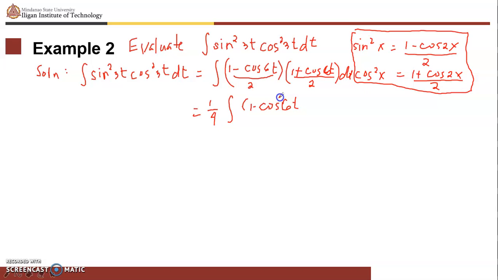So that should be 1 minus cosine squared of 6t dt. You can recall that 1 minus u times 1 plus u is equal to 1 minus u squared. So that's what happens here. Our u is cosine of 6t. So 1 minus cosine squared of 6t dt.